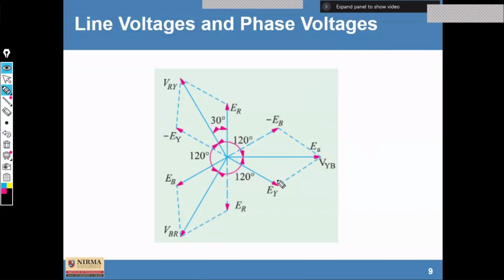Okay. Now let us see various angles. Which are the angles? We know that this is the phase voltage, this is the phase voltage, and this is the phase voltage. So 120 degree, 120 degree, and 120 degree. Okay. Now let us look at this one here.